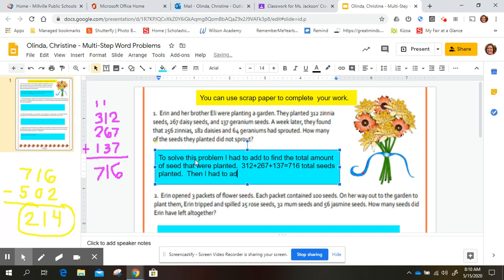Then I had to add 256 plus 182 plus 64 to get 502. This tells me how many seeds sprouted. To find how many did not sprout, I need to subtract 716 minus 502 to get 214.